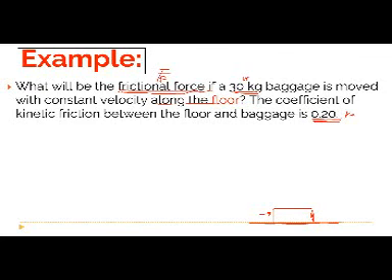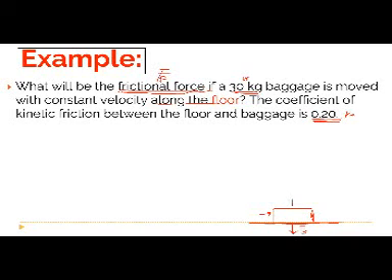So there is a mass, and therefore there is a force due to gravity, which is also equal to the weight of the baggage. And there is also a force exerted by the surface to the baggage, which is perpendicular to the surface.